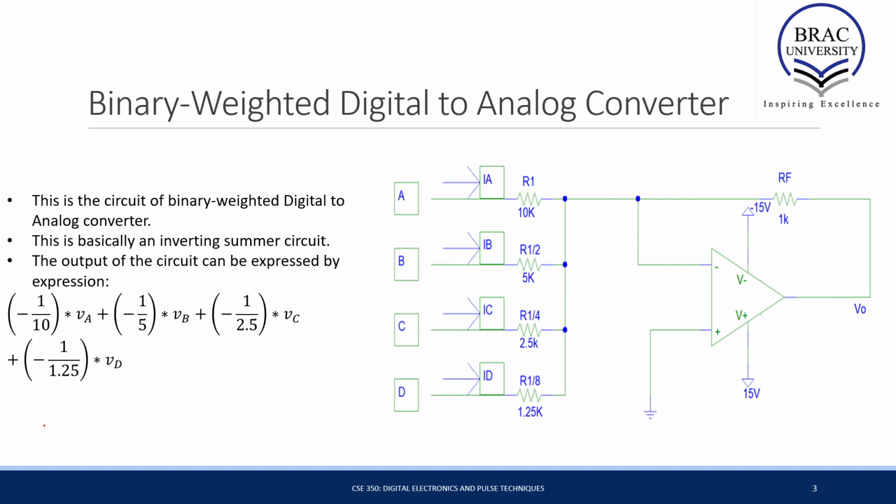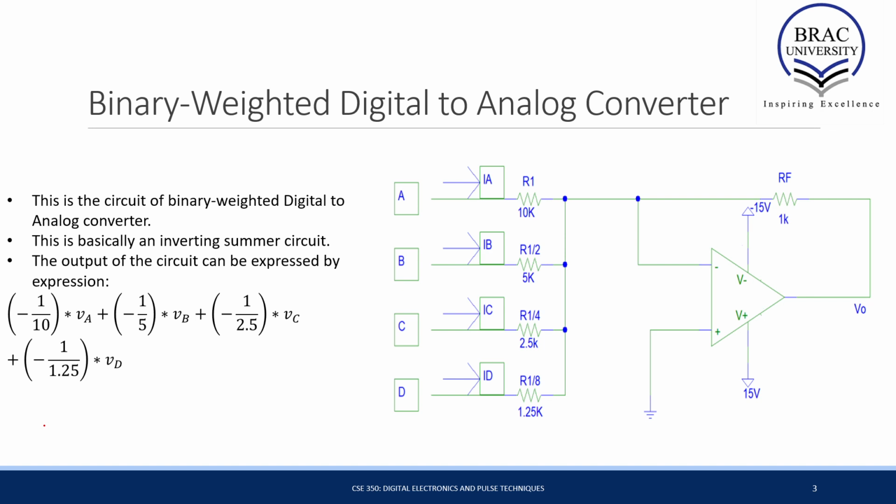Here we have four inputs inverting-summed to the negative input of the op-amp, and the positive input is connected to the ground. If you remember the expression from that course, we can express the full summer in just this form: minus 1 by 10 into VA plus minus 1 by 5 into VB plus minus 1 by 2.5, etc.